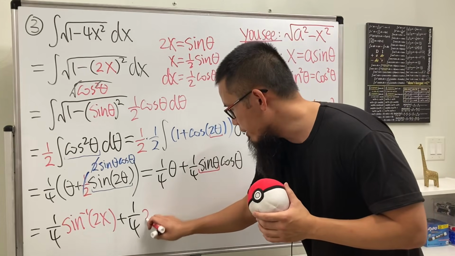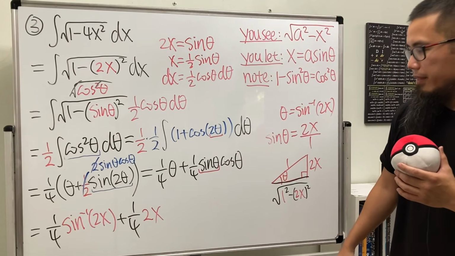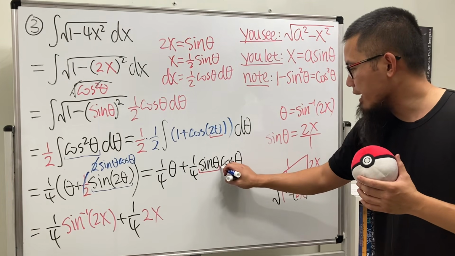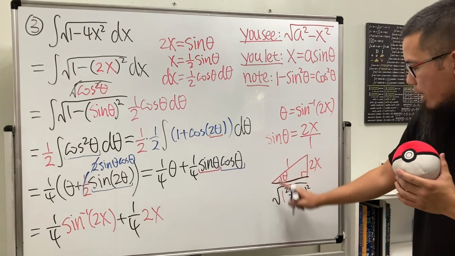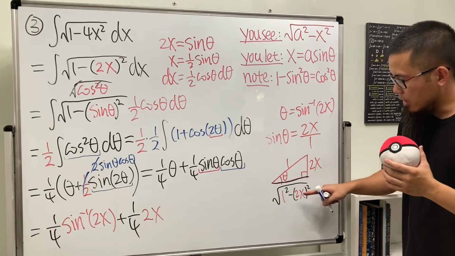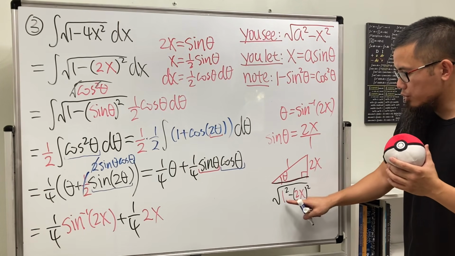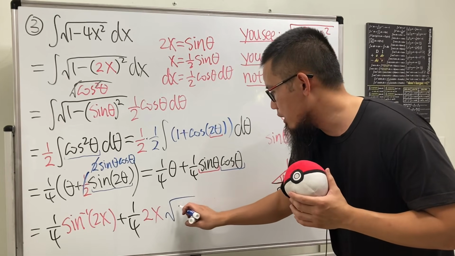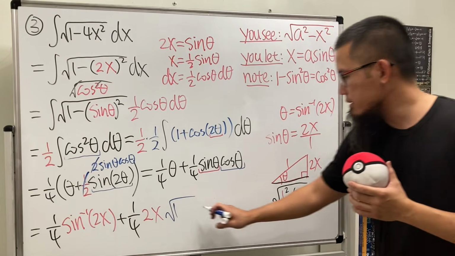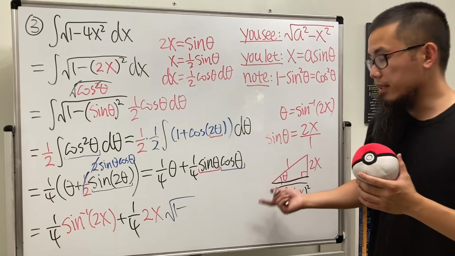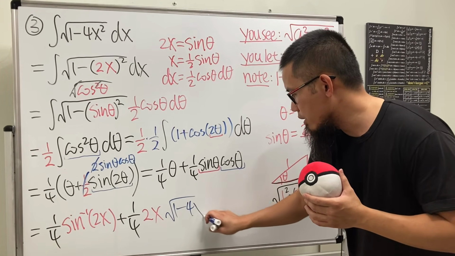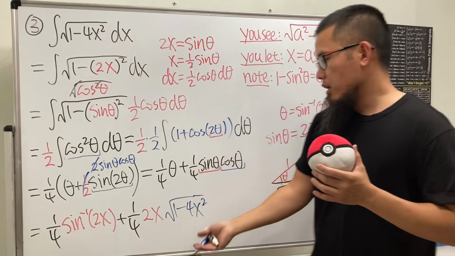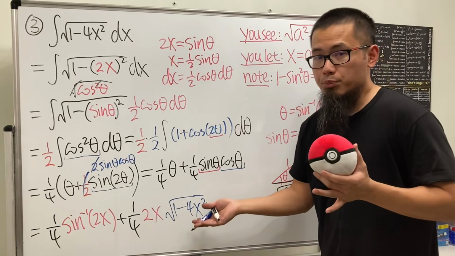So we can put that down right here. Next, we have cosine theta. Well, for cosine theta here, we can look at this triangle, and cosine is adjacent over hypotenuse, which is just this square root part. And that's going to be square root of 1 minus 2 squared and then x squared, right? So it's just 4x squared. And of course, you can kind of expect that the original square root part appears again.